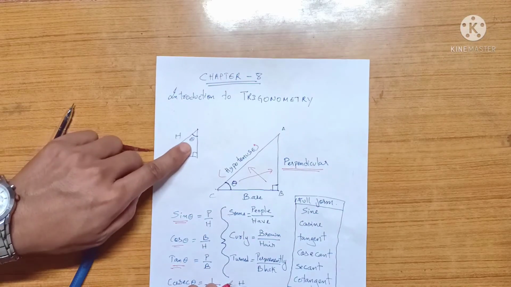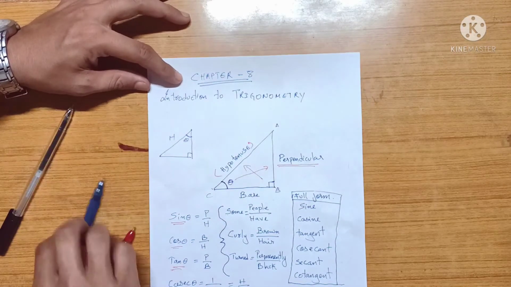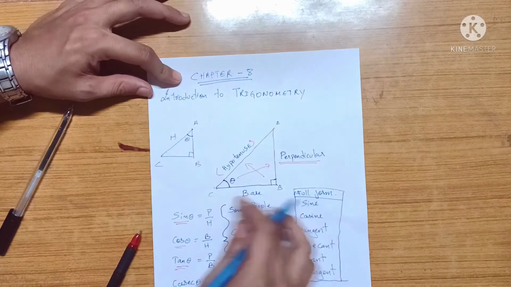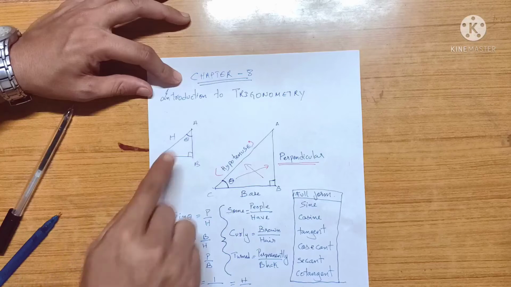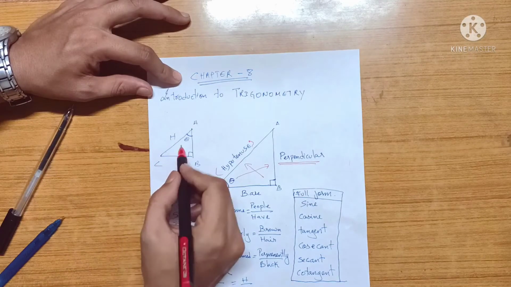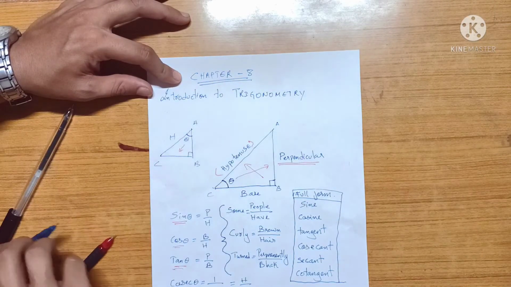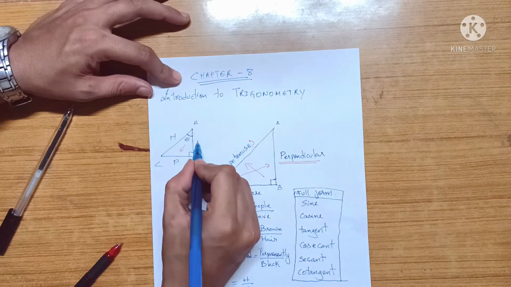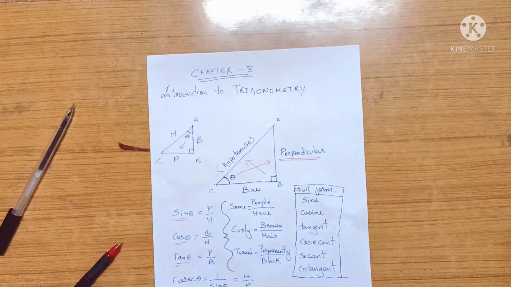So in case the theta is up here, even if it is the same triangle ABC, opposite to theta will be our perpendicular, and where the theta is lying is our base. That's the main distinction of theta and base.